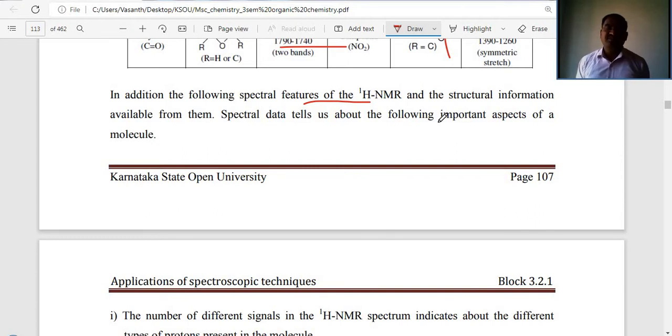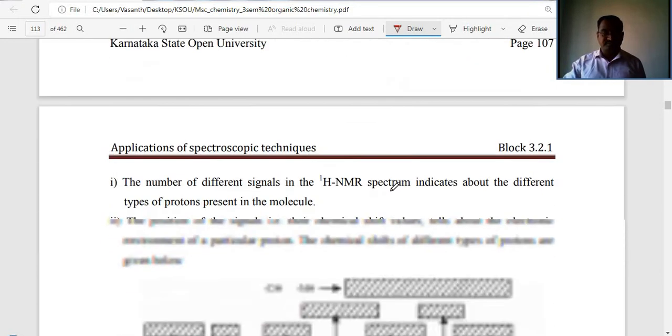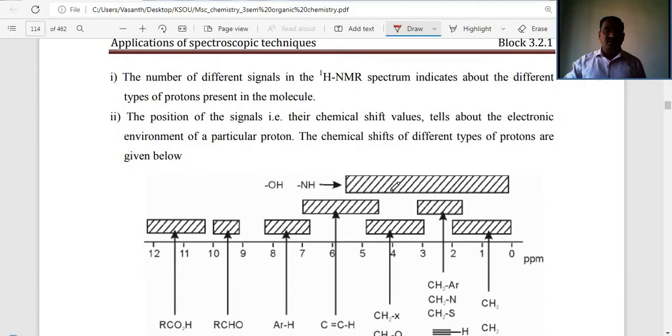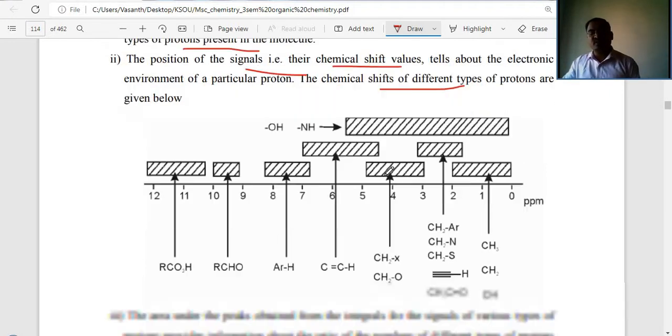In addition to the following features of proton or nuclear magnetic resonance and the structural information available from them, the spectral data tells us about the following important aspects of a molecule. The number of different signals in the proton NMR spectrum indicates the different types of protons present in the molecule. The position of the signals, their chemical shift values, tells about the electronic environment of a particular proton. The chemical shifts of different types of protons are given below.